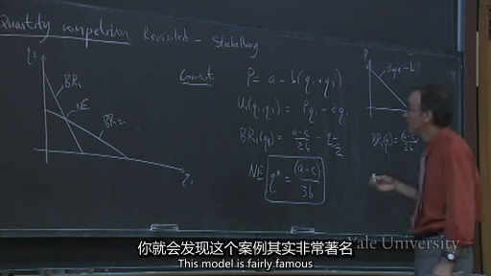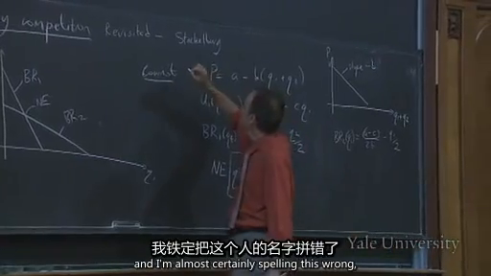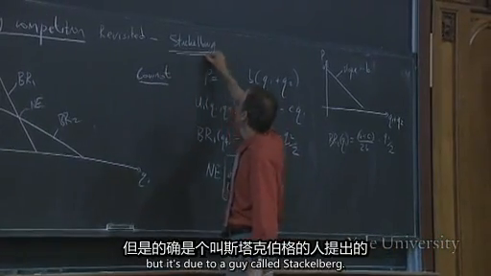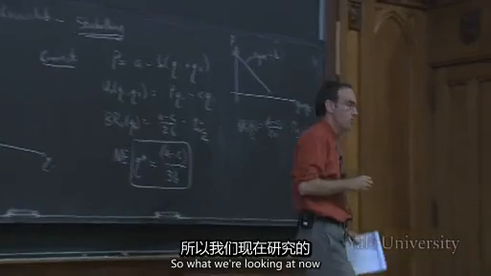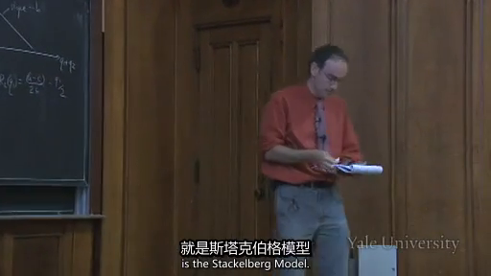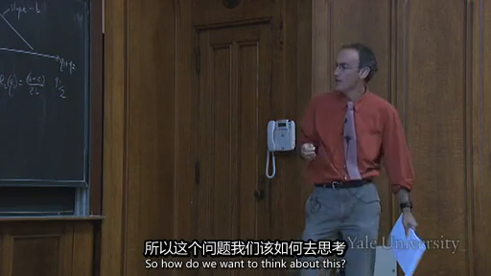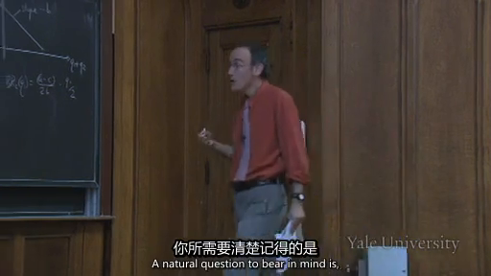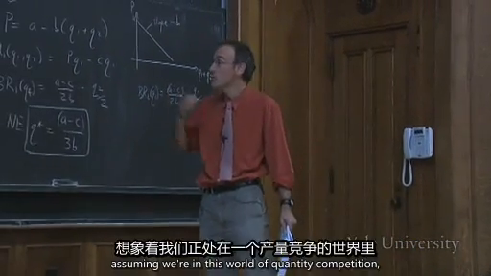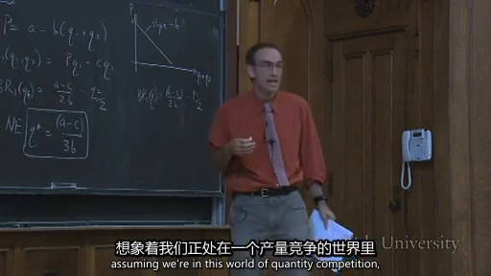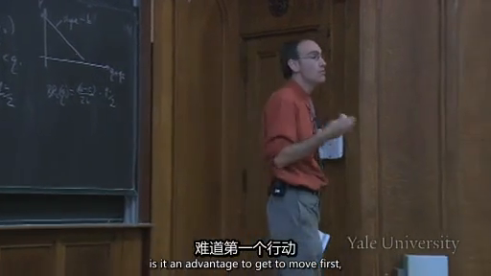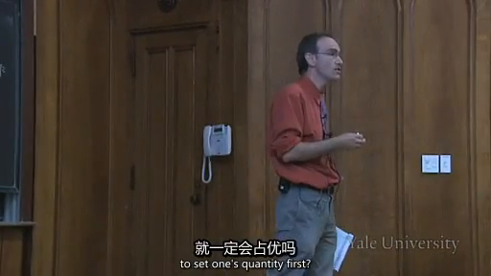All right, and this model is fairly famous, and I'm almost certainly spelling this wrong, but it's due to a guy called Stackelberg. So what we're looking at now is the Stackelberg model. So how do we want to think about this? A natural question to bear in mind is, assuming we're in this world of quantity competition, is it an advantage to get to move first, to set one's quantity first?